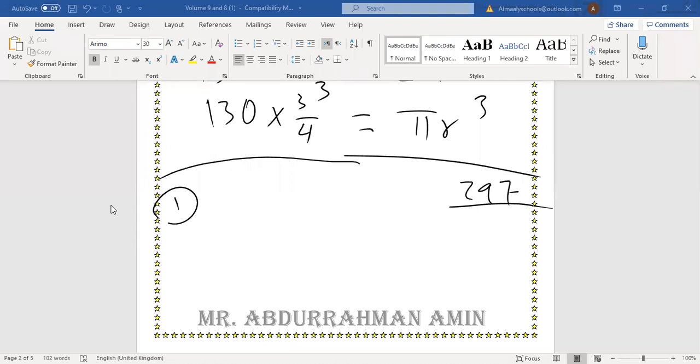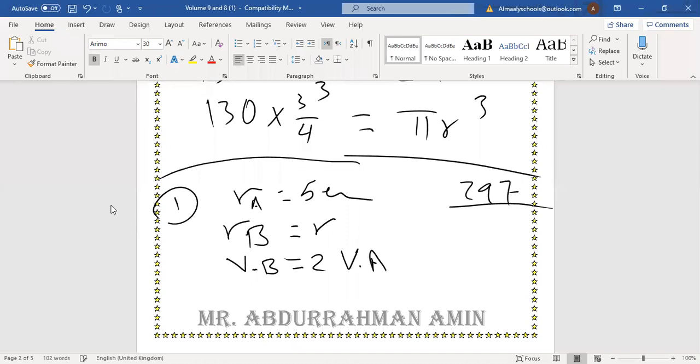Given that sphere B has twice the volume of sphere A, calculate the radius of sphere B. So the givens are: the radius of A equals 5 centimeters, the radius of B equals R, and the volume of B equals twice the volume of A. So volume of B equals 2 multiplied by the volume of A. Who can solve this question?